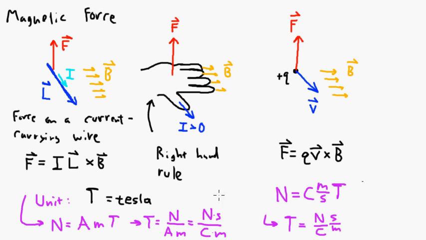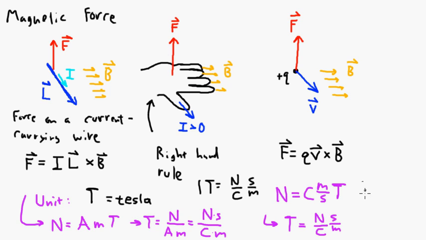Okay, so this is the definition of a Tesla: 1 Tesla is a Newton per Coulomb times a second per meter. Maybe you can think of that as over a meter per second, or whatever you like to think.